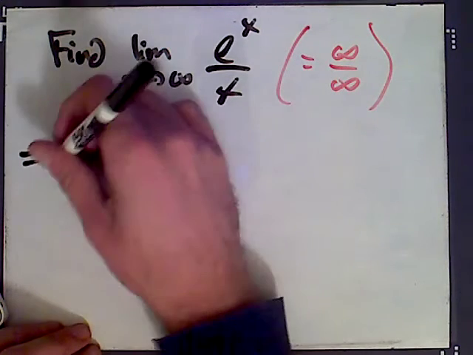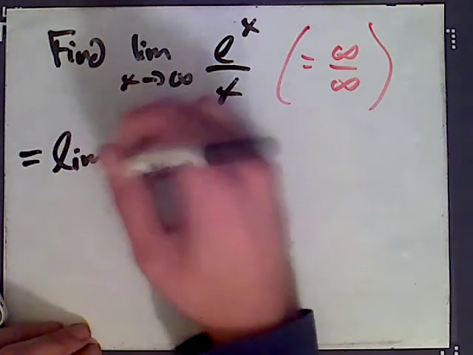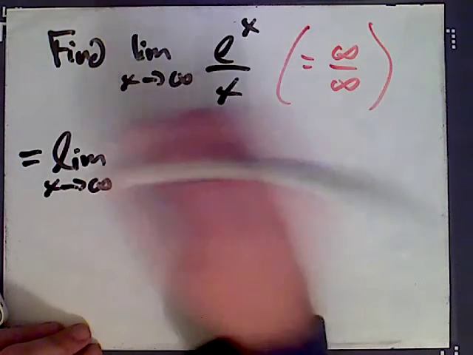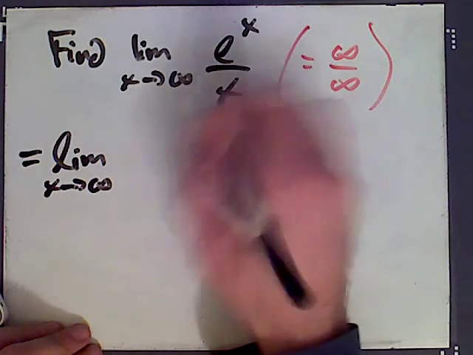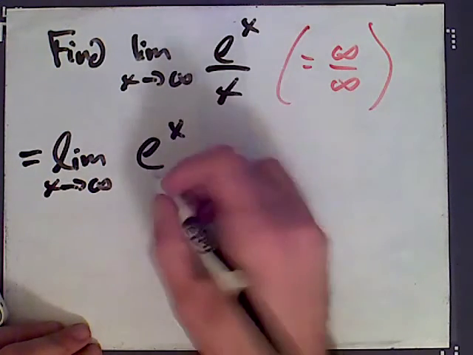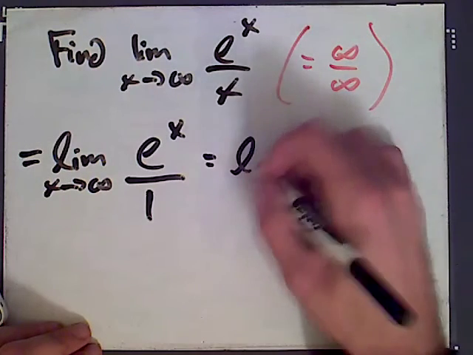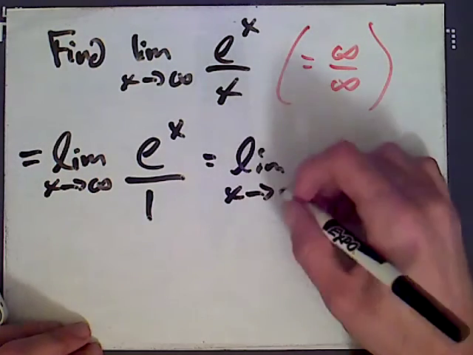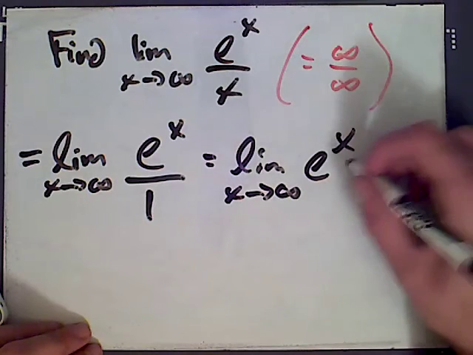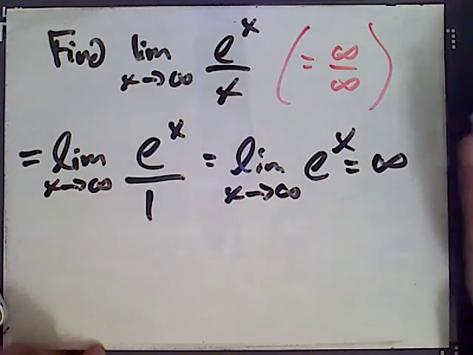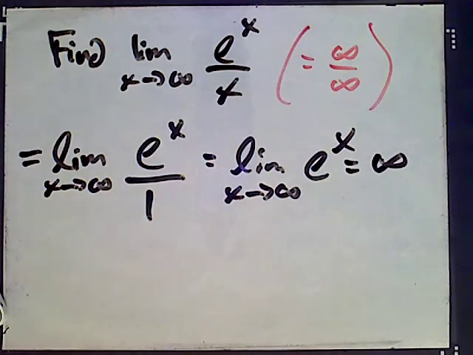So this equals the limit as x goes to infinity of the derivative. So e to the x, its derivative is e to the x, divided by 1. Okay, so we get the limit as x goes to infinity of e to the x, which we know is infinity. Okay, so that's L'Hopital's rule and two introductory examples.